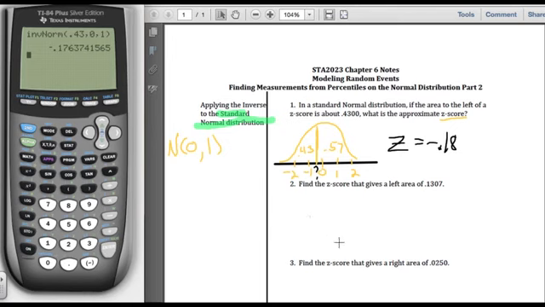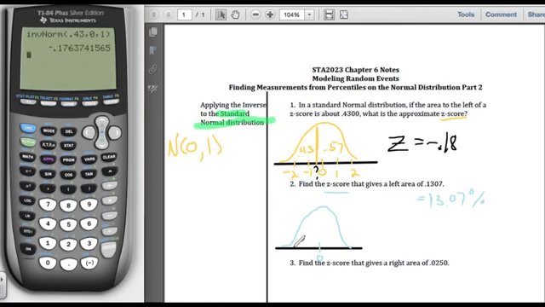Number 2, we want to find the z-score that gives a left area of 0.1307. And again, because this is a z-score, I know I'm on the standard normal curve. A z-score should be based off of a mean of 0 and a standard deviation of 1. This time the left area is 0.1307, or 13.07%.